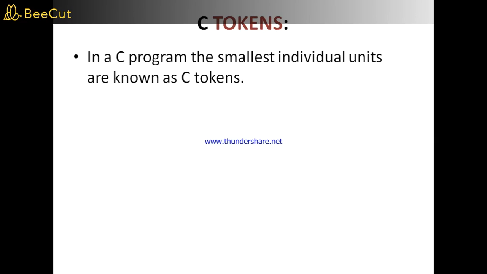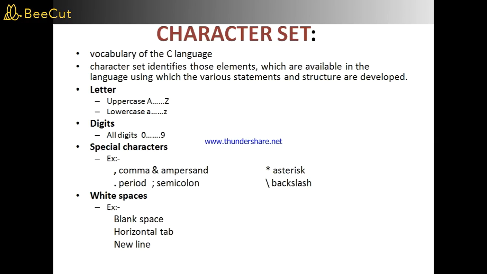Now the next very important topic is C tokens. C tokens are nothing but individual words and punctuation marks, which are called tokens. In an instruction, it may contain a letter, a digit, or a special character.